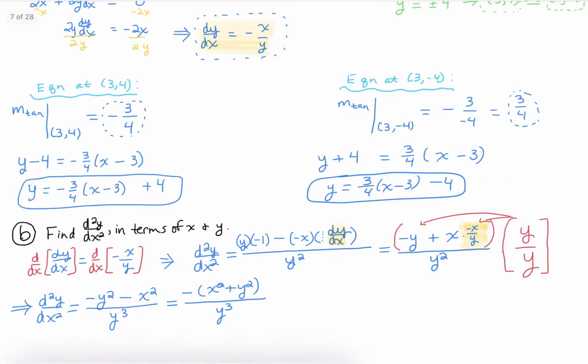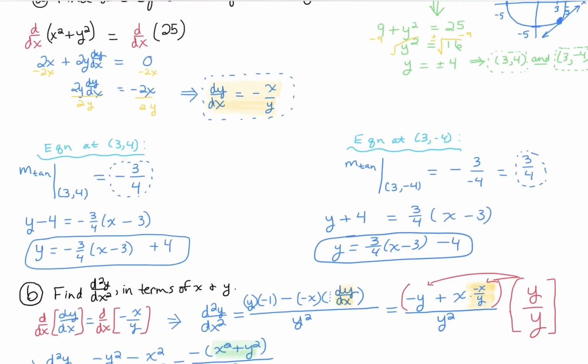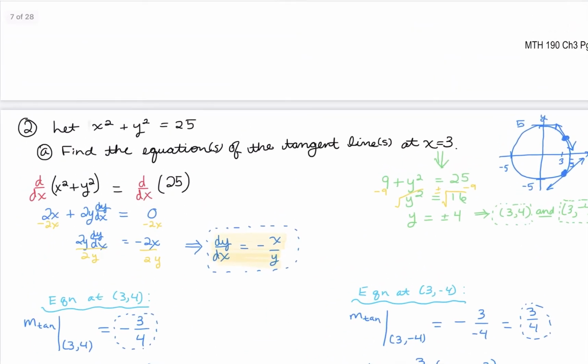And guess what? That x squared plus y squared, if we go all the way back up to the original problem, x squared plus y squared equals 25.